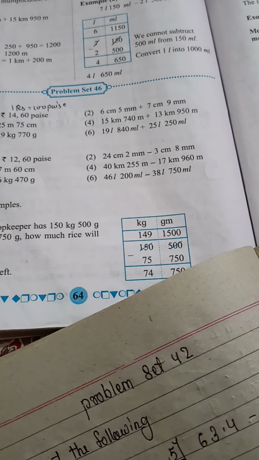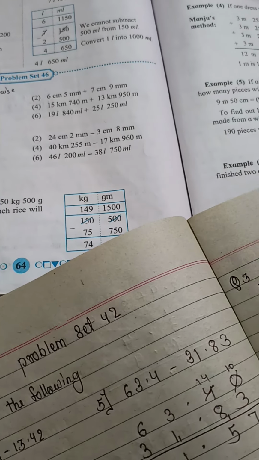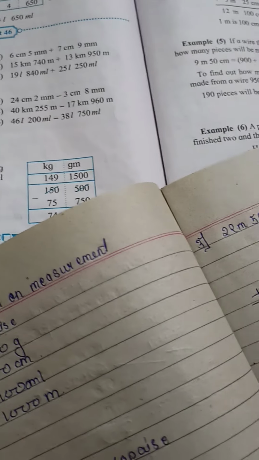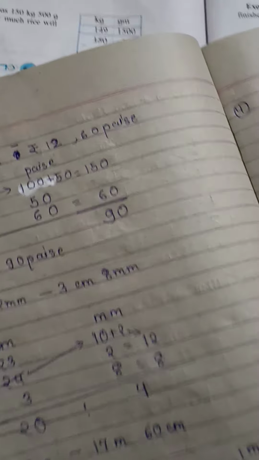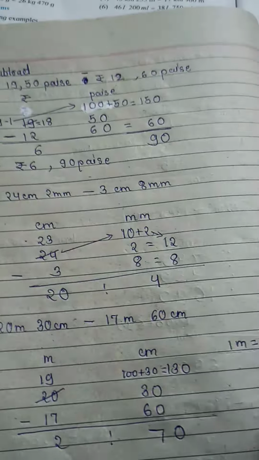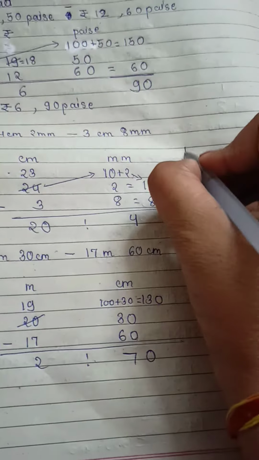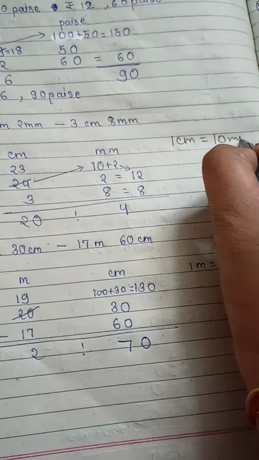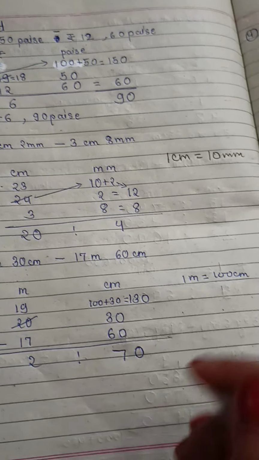Now we will learn the next question, which is 24 centimeter and 2 millimeter minus 3 centimeter and 8 millimeter. Okay, so this question is the same, we just have to be careful about the unit. 1 centimeter is equal to how much millimeter? We know 10 millimeter. Clear?